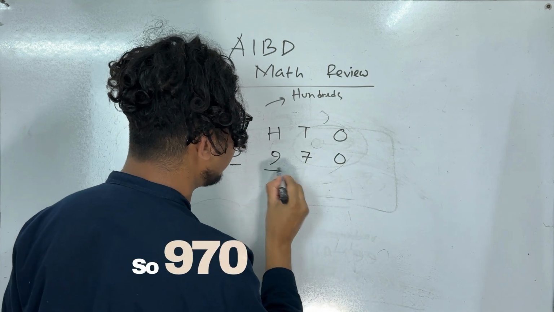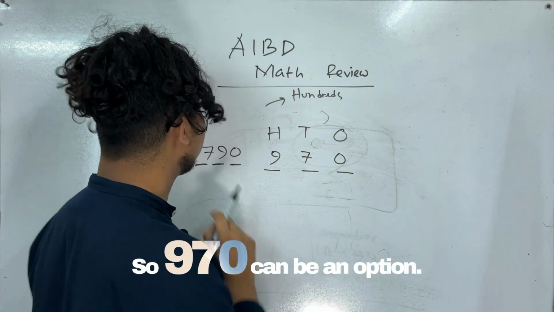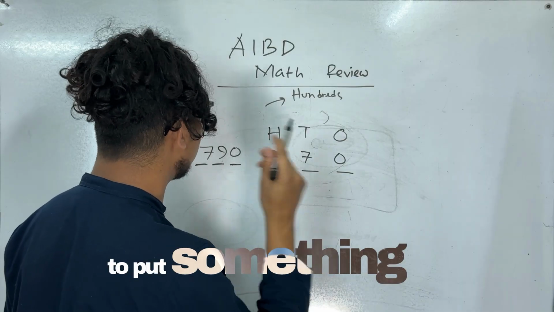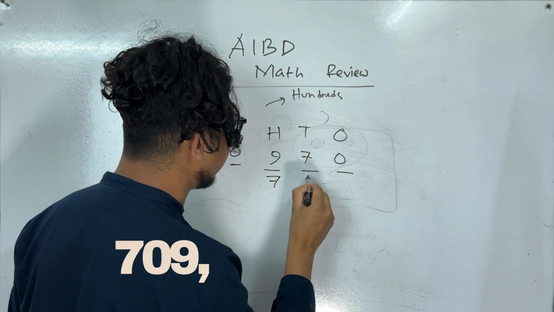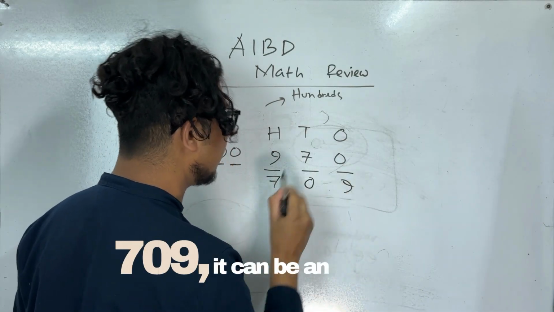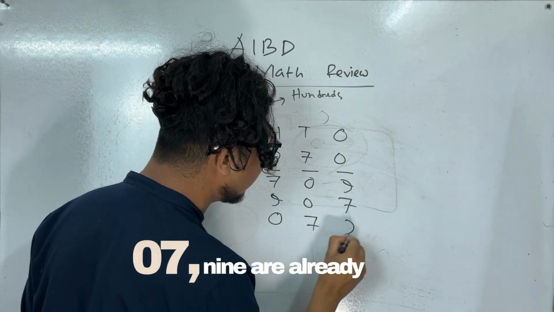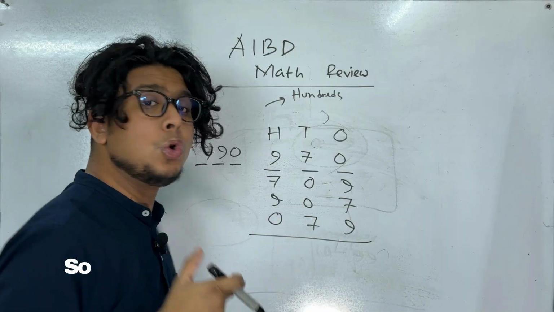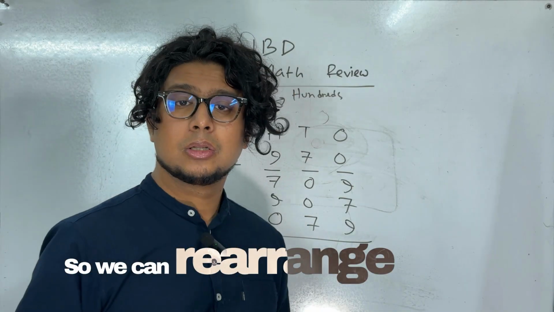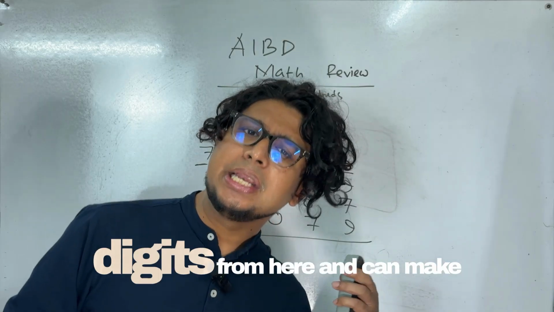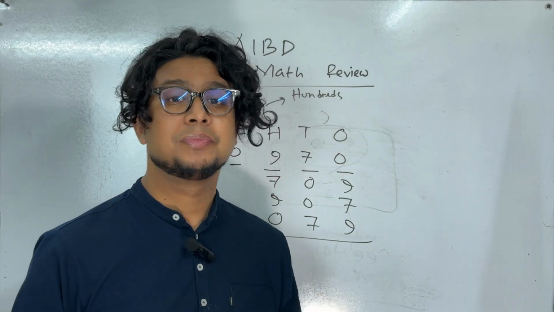So 970 can be an option. Again, 709 can be an option. 907 can be an option. 079, we already did. So we can rearrange the small digits from here and make new numbers.